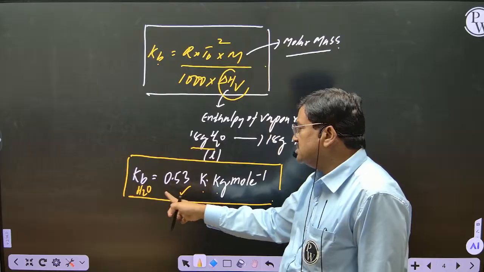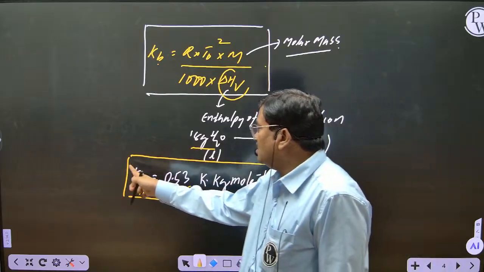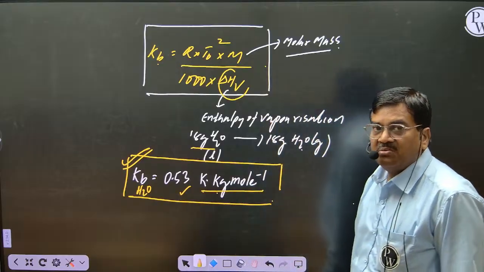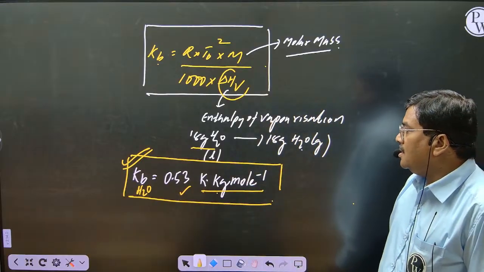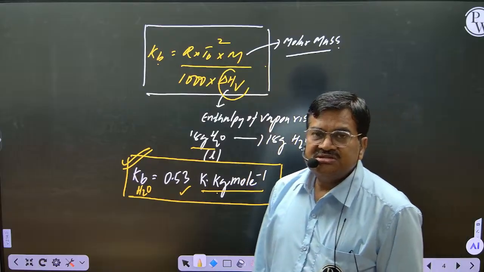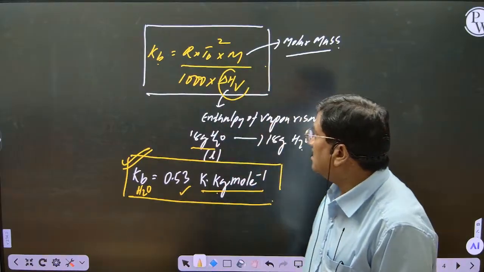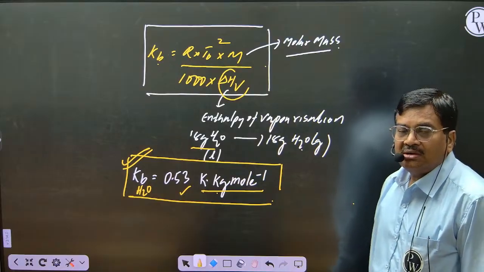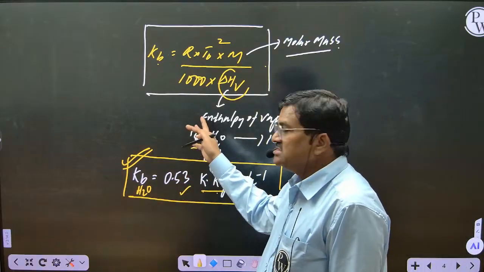Substituting the values for water, we get 0.53, and the unit is Kelvin kg per mole. Understood, students? This is the elevation in boiling point. Clear? Copied all of it? Simple. So in numericals, we can get these relations for Kb.